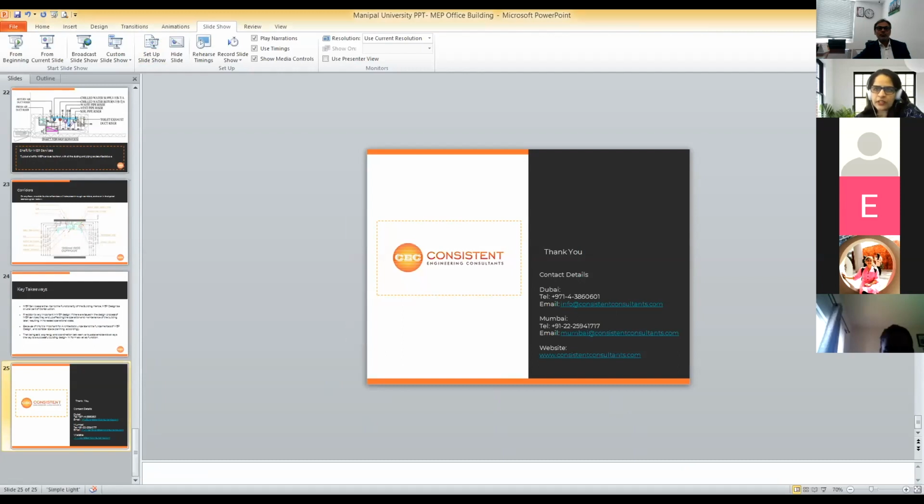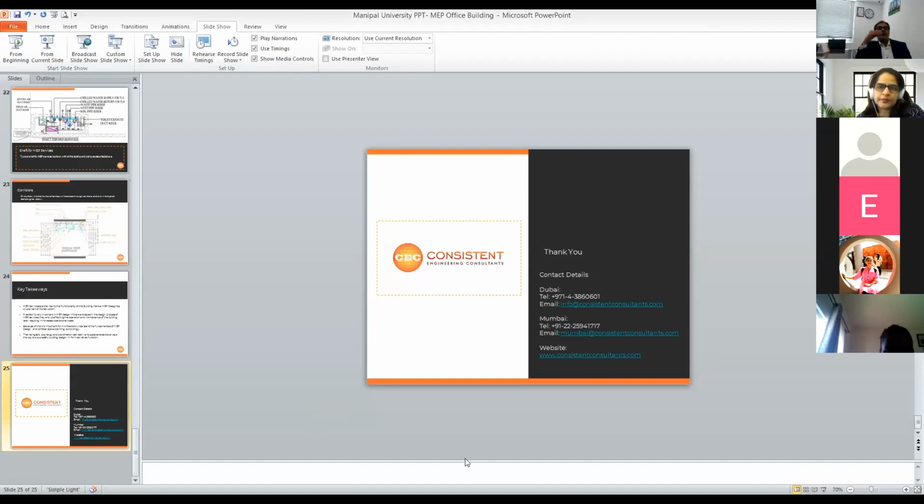One of the questions, Sagar, was about refuge area. How many such spaces would be at intermediate level for a 40 to 45 floor building? Normally, the heights allowed are up to 100 meters. So for your building, we expect around one refuge space.